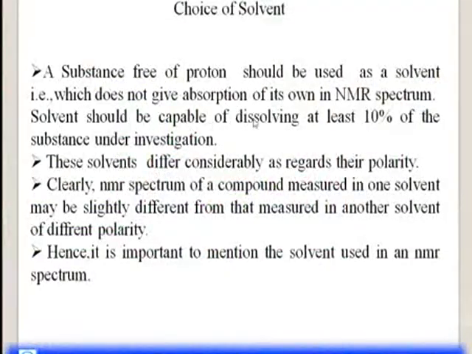The solvent should be capable of dissolving at least 10% of the substance under investigation. These solvents differ considerably as regards their polarity. Clearly, the NMR spectrum of a compound measured in one solvent may be slightly different from that measured in another solvent because of different polarity. Hence, it is important to mention the solvent used when you are elucidating any NMR spectrum.